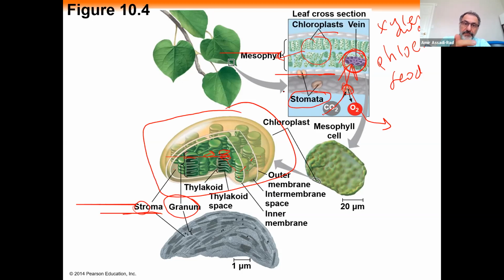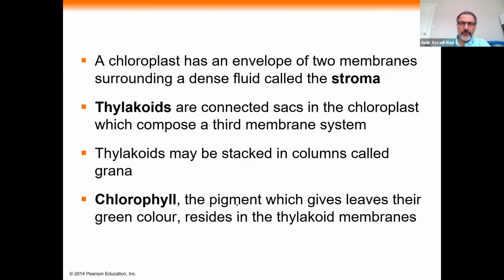So remember, the chloroplast is membrane bounded. There are 2 layers of membrane that bound the chloroplast, the inner membrane and the outer membrane. We talked about this with the mitochondria, but here they have an inner membrane and an outer membrane. And the chloroplast is an envelope of stroma.